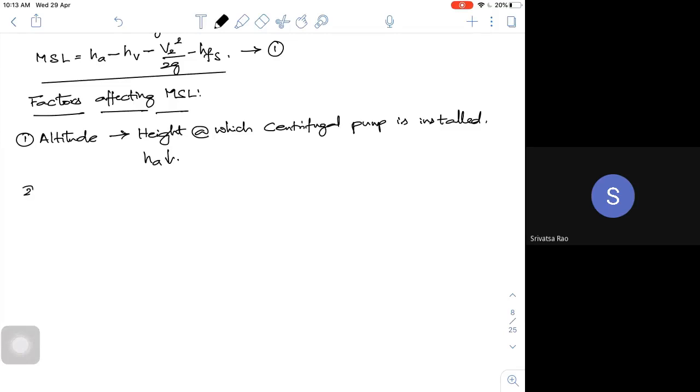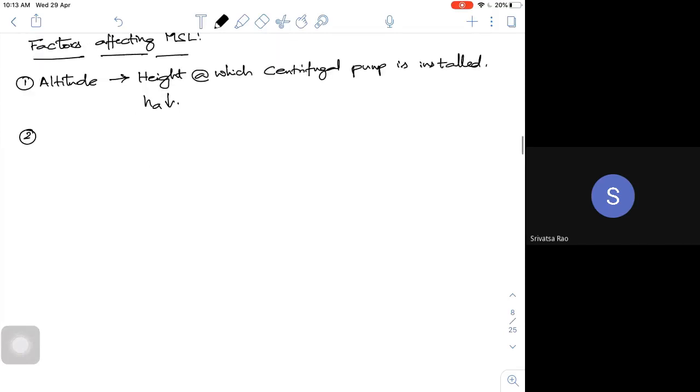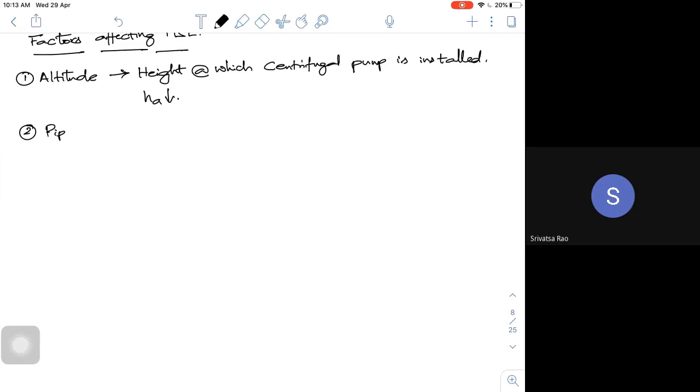Then the second factor, the pipe parameters, which will have an impact on your frictional head, that is HFS. So what are those actually? Those are your friction.